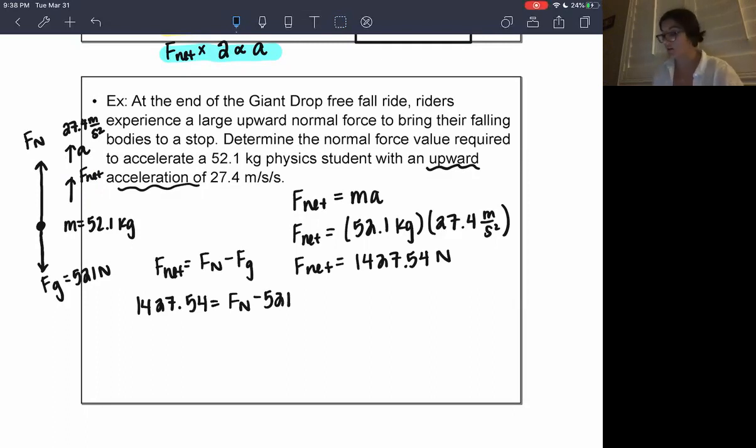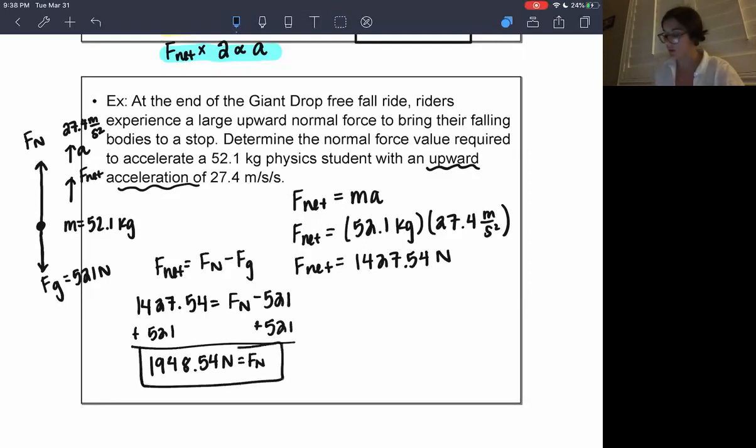So I'm going to do that by adding 521 to both sides. And in my calculator, adding 521 to my answer, I end up getting a normal force of 1,948.54 newtons. This is my normal force. So now that I've got my answer, I'm going to box it because I'm good to go. That's all the question was asking for, was for me to find the normal force.